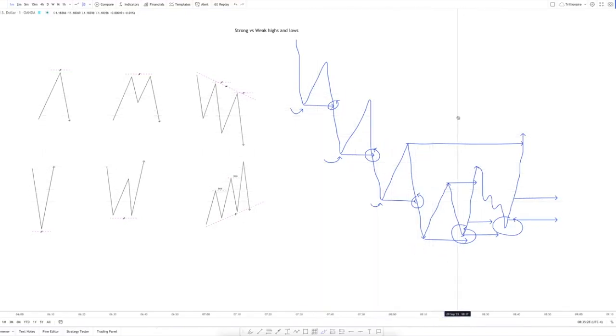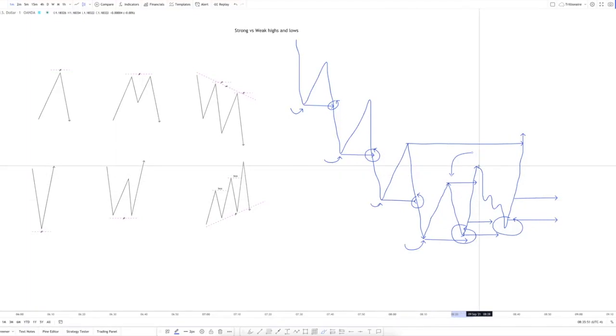But why do that? Why lose all of that money if you don't have to? Why not just wait for your confluences to play out? Then you can take a risky buy here after your minor structure has broken, right? Because we're transitioning from, let's say, if this were the higher time frame, this right here would be minor structure.